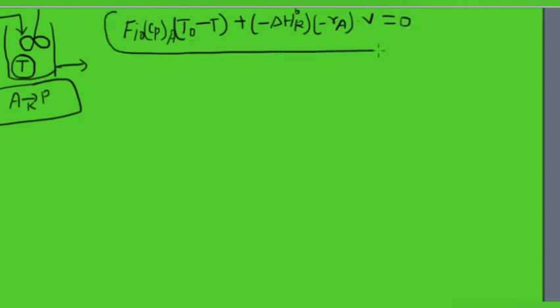This will be the second derivation for our CSTR. Why? Because this is the amount of energy that is going in, and this is the amount of energy that is going to be generated inside the reactor. So that's why I have taken it that way.